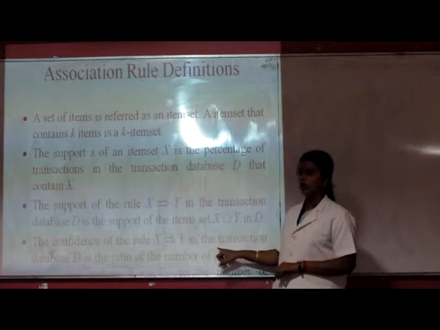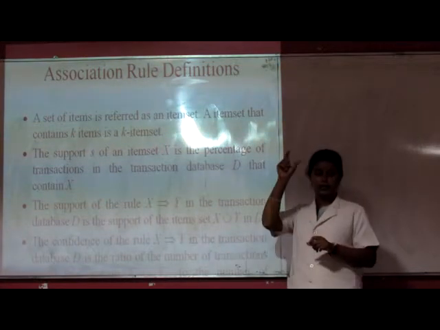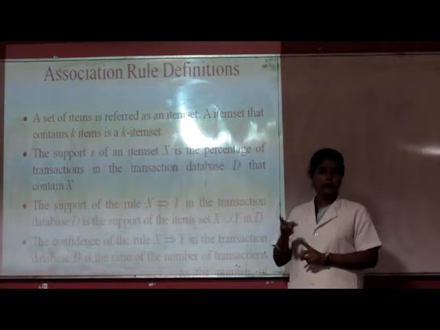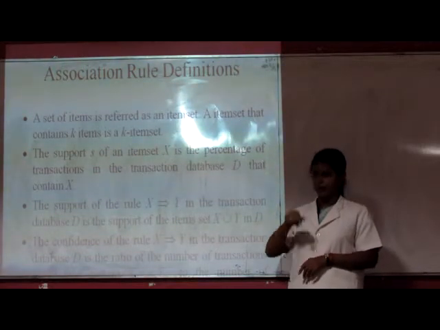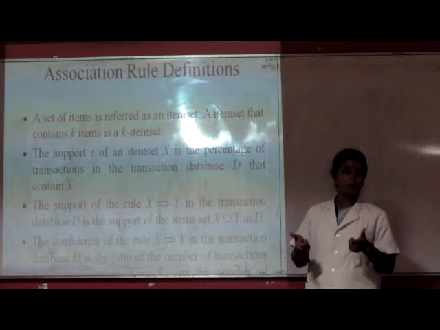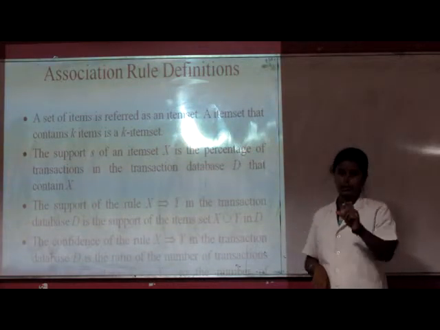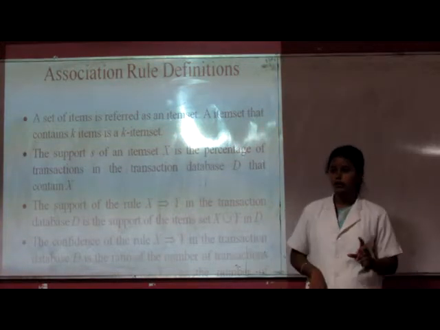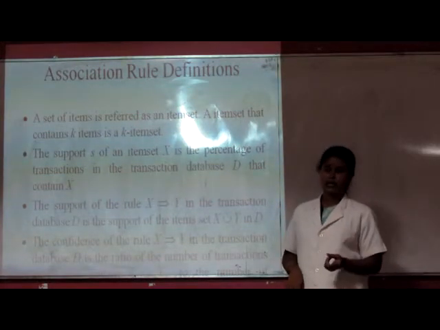That will be taken as the confidence level. This includes both X and Y, and X also. Individually I want to consider only X. So this forms the confidence percentage.